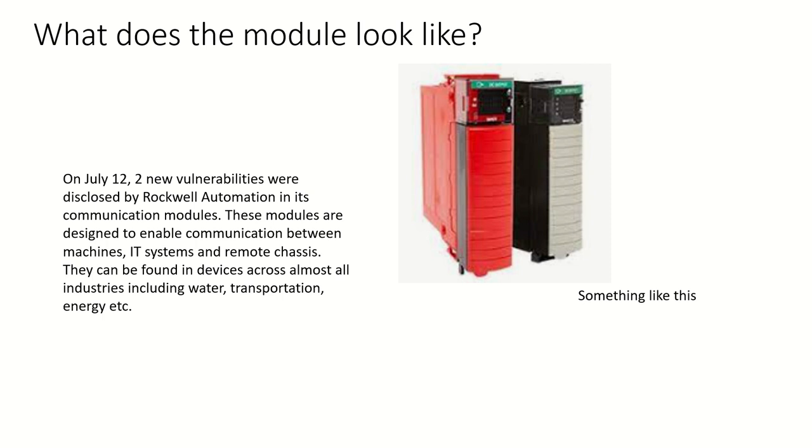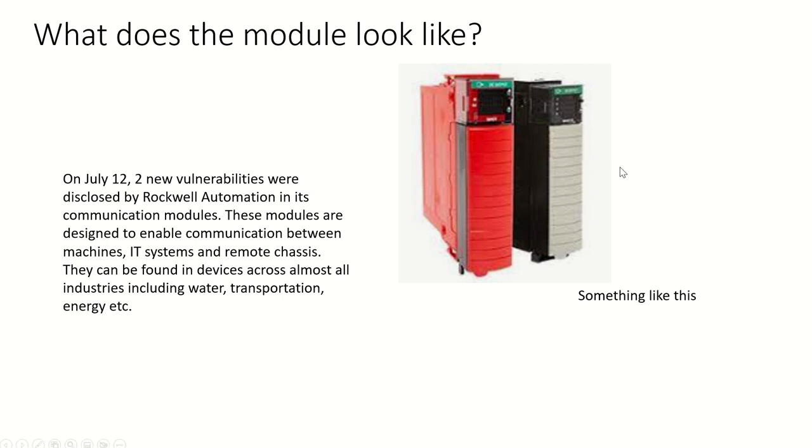As you can see, IT systems and remote chassis can be found in almost every industry, and since these devices are used very widely and Rockwell is a famous vendor for these devices, the criticality of this vulnerability is high.